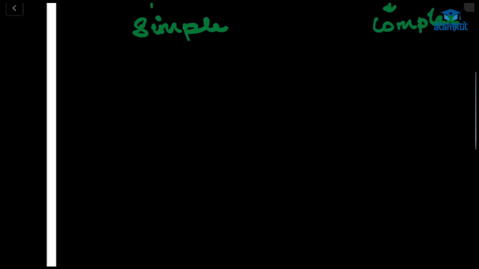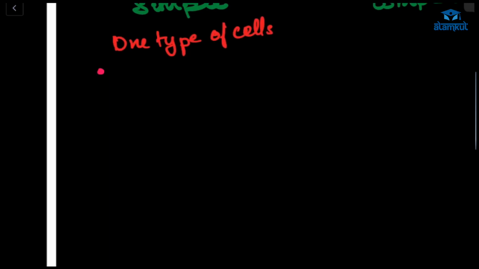Now for simple, there are 3 types. In the simple, only one layer of one type of cell will be present. The first one is parenchyma. Next, collenchyma.